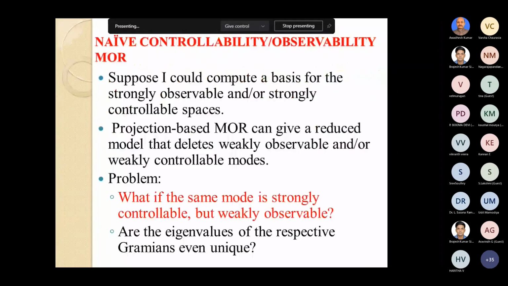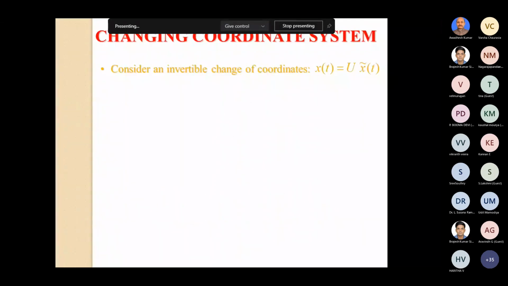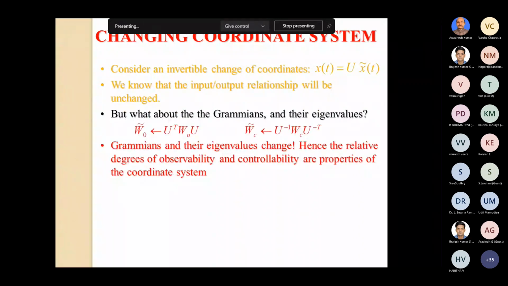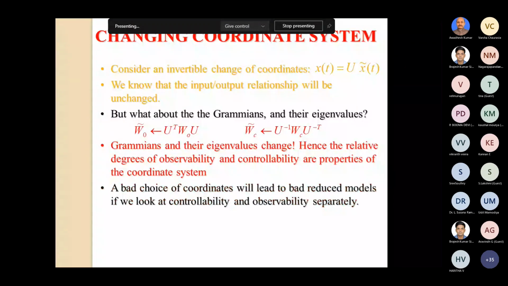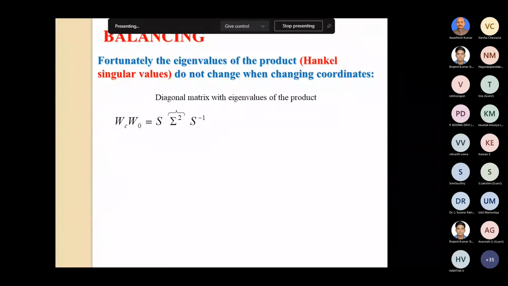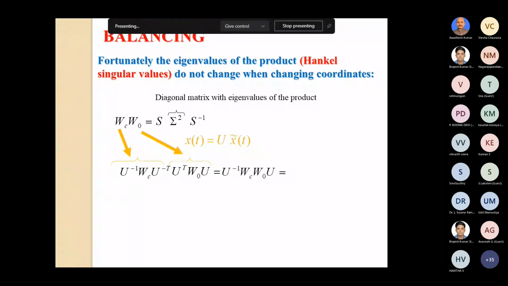Skipping some of the slides. How balancing is done is so mathematical that I personally feel it may not be very clear to the audience. We have determined the singular values and then used these equations to find this. There are some mathematical manipulations, and ultimately we will be able to obtain these equations.